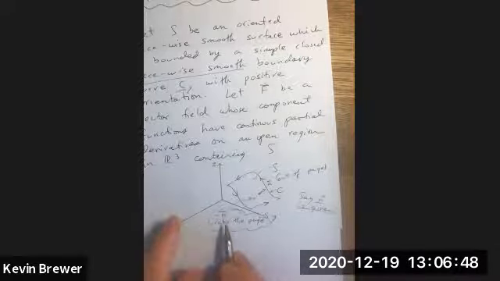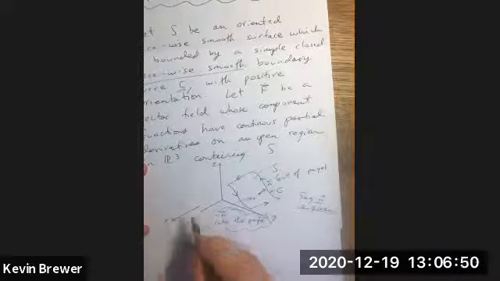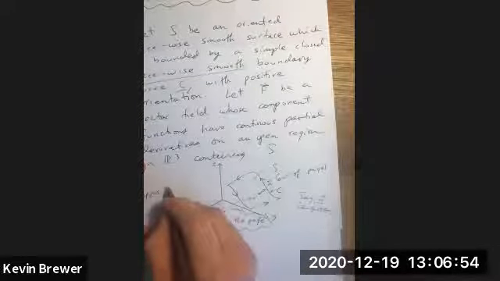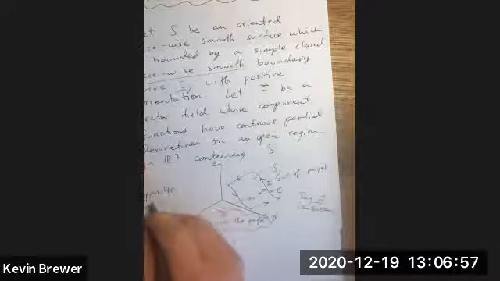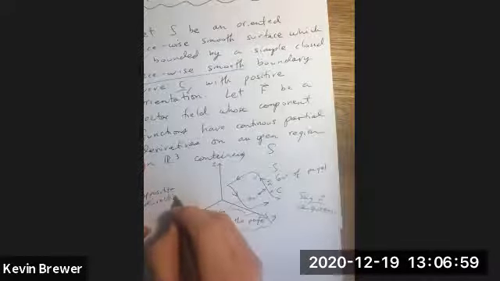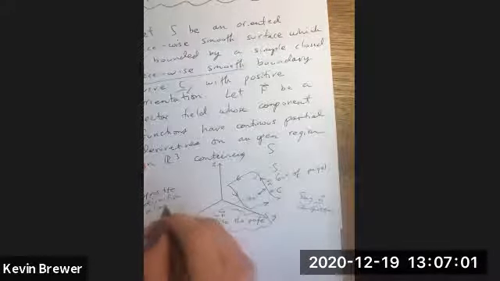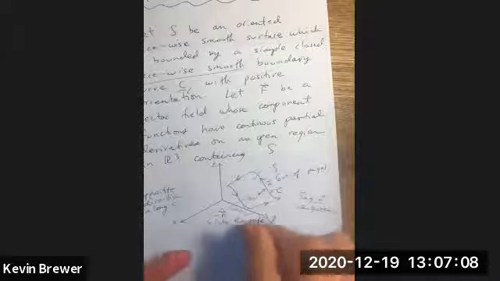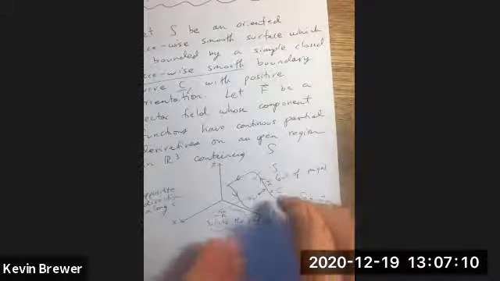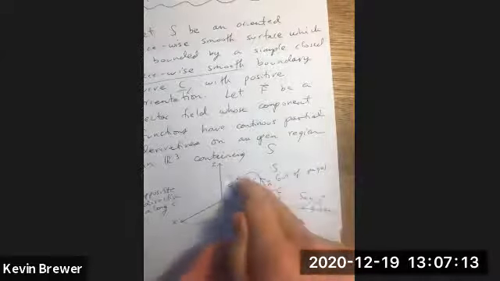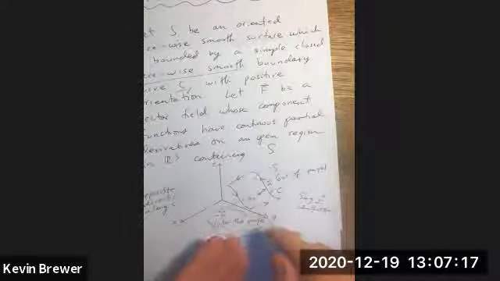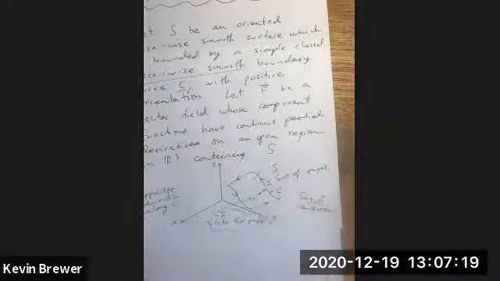If minus n is given, you have the opposite direction along C. I'm not going to draw it out. You'd stand upside down, and then in order to keep the surface on your left, you would have to go in the opposite direction.